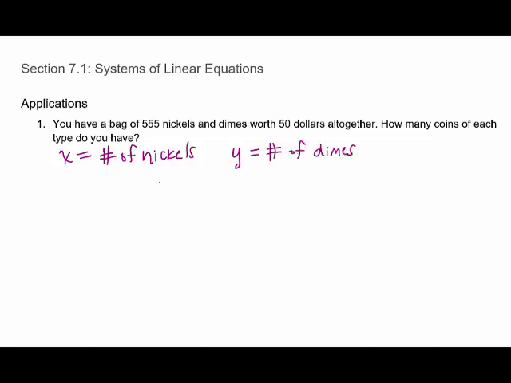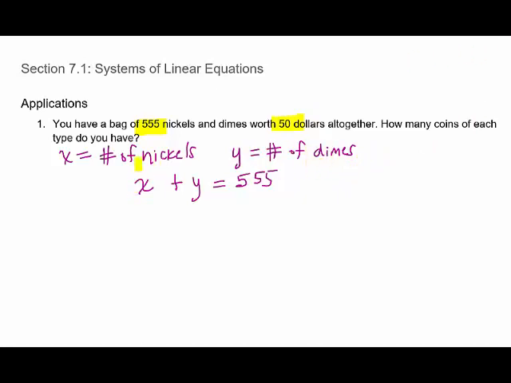Okay, so we're going to write a first equation that just says how many total coins we have. So x plus y equals 555. Now the next equation is going to represent how much money these coins are worth. And so altogether $50.